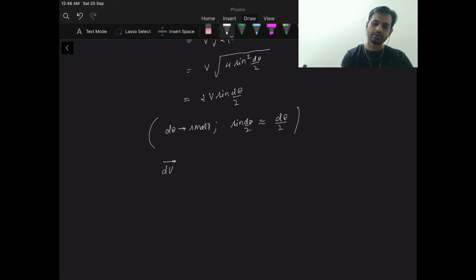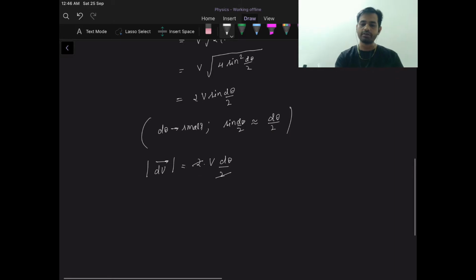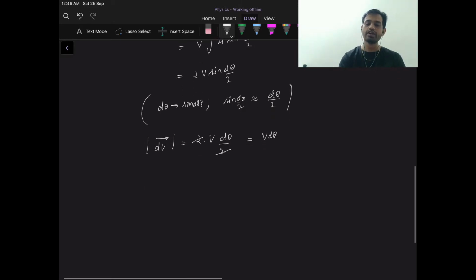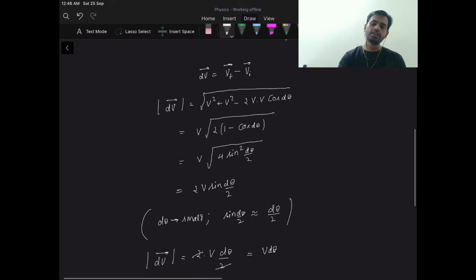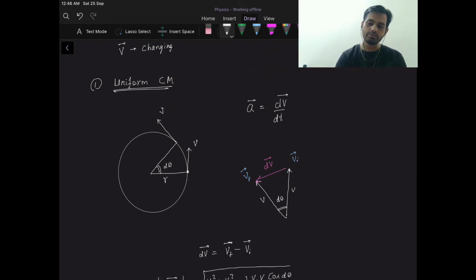So the magnitude of dv vector will be equal to what? 2 into v into d theta by 2. 2 and 2 will get cancelled, so this value will be equal to v into d theta. Right, now we need to find out what is d theta. Since the particle is moving with the velocity v, we can also say that the particle is rotating with a constant angular velocity omega, right?